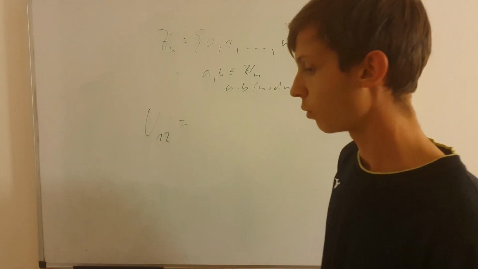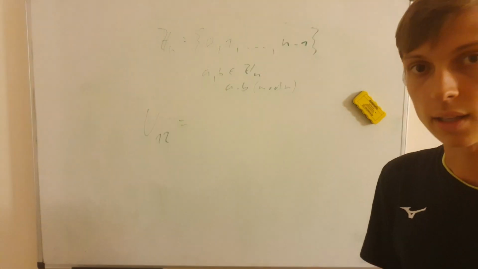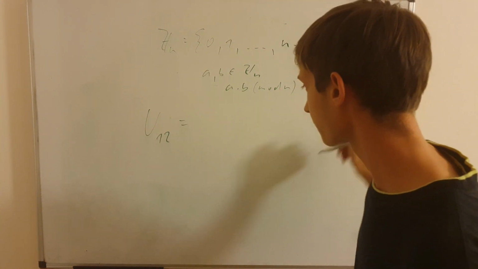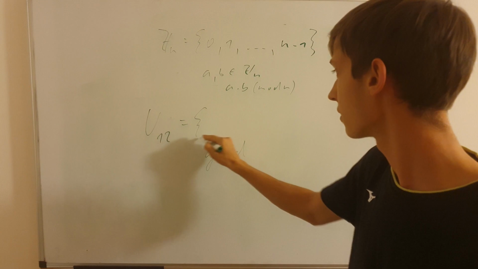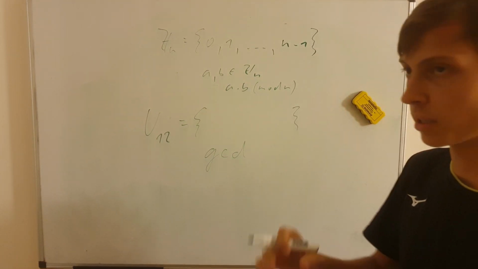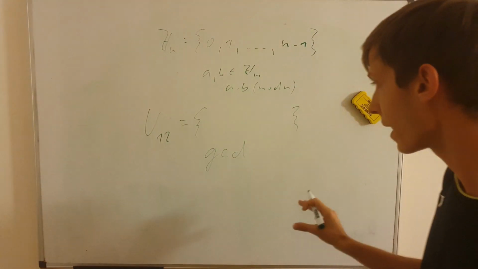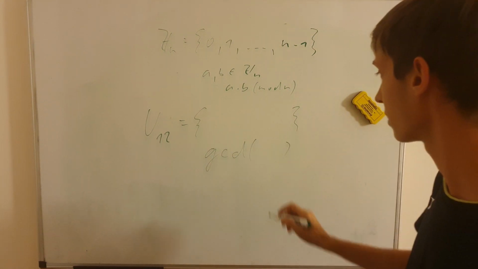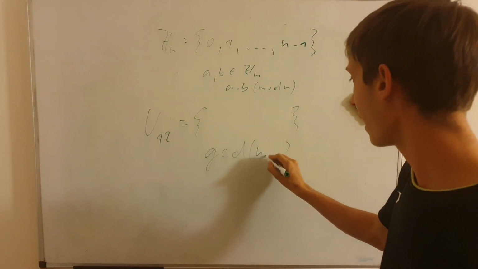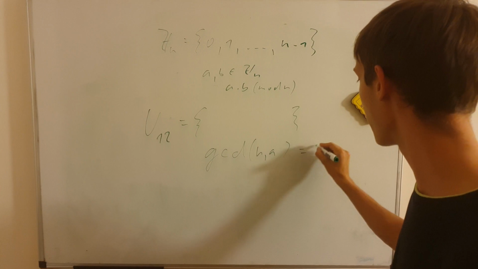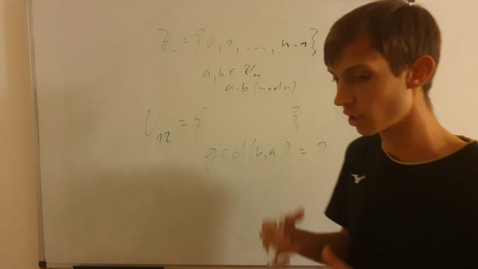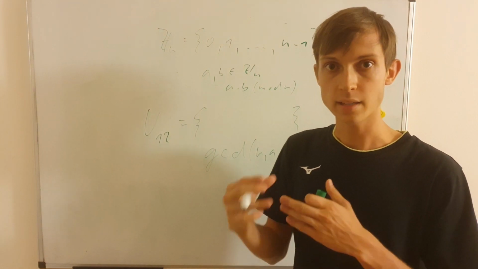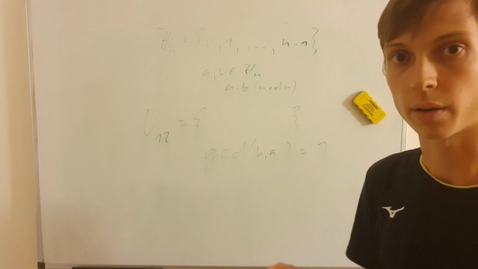What will it be? Well, another way to look at it is that the elements will all be represented by a. Why? Because in this expression, it's always n and a together whose greatest common divisor is 1. That means that the highest number that divides both of these numbers is 1.